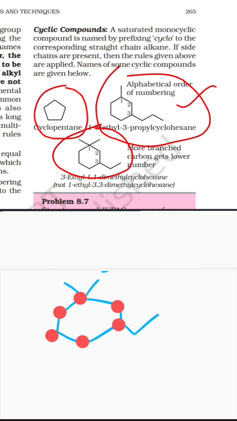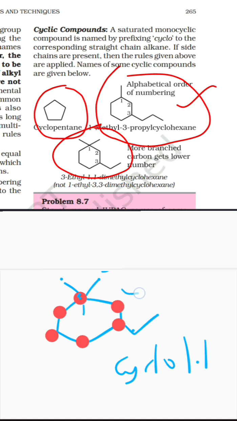So it is cyclohexane system. So now in this cyclohexane, 2 methyl groups are there. This is 1, this is 2, and this is ethyl group is there, ethyl. So obviously ethyl gets first preference in alphabetical order, but numbering will be given to that carbon which is having more branches. That means this carbon is having more branches. So obviously that should be given number 1.